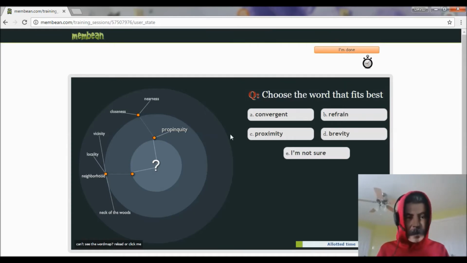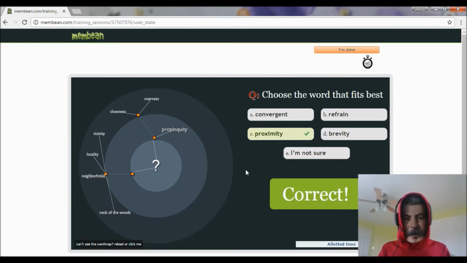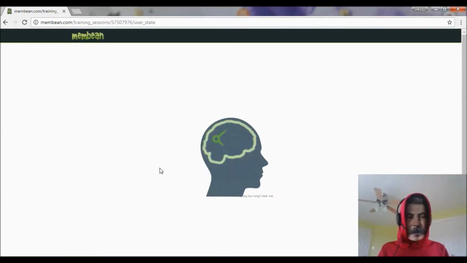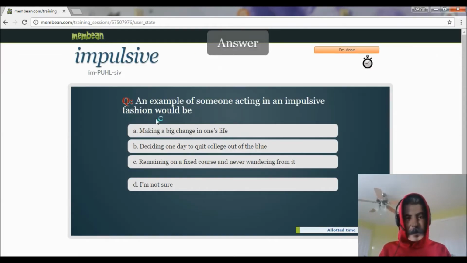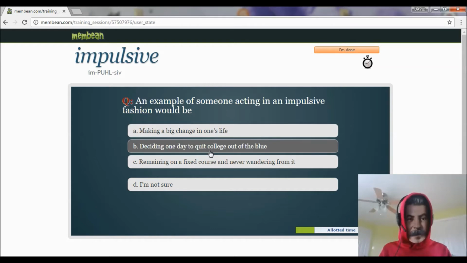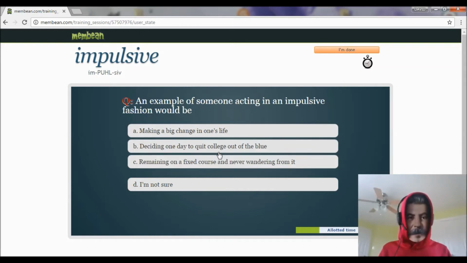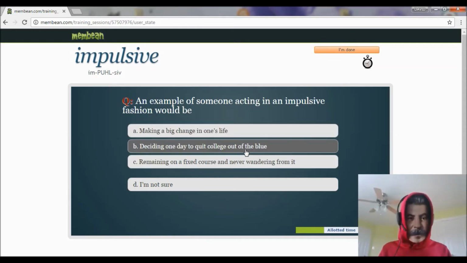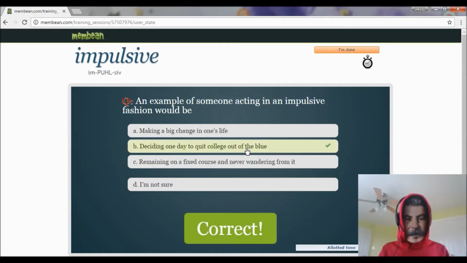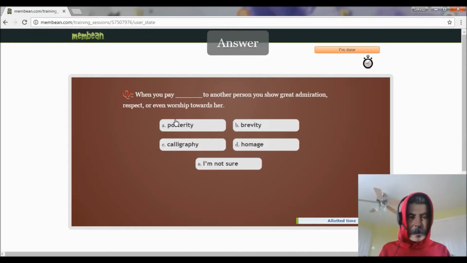Choose the word that fits best. Proximity. An example of someone acting in an impulsive fashion would be deciding to one day quit college out of the blue.